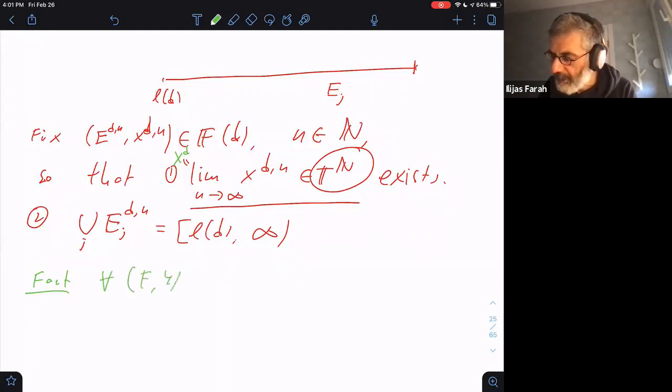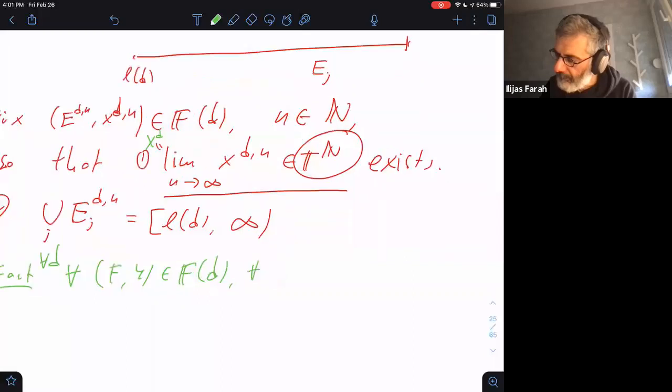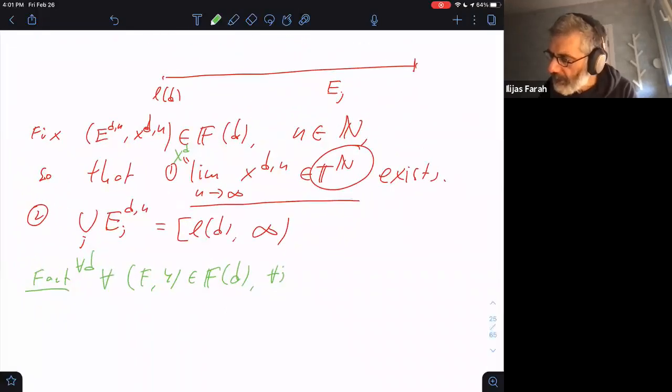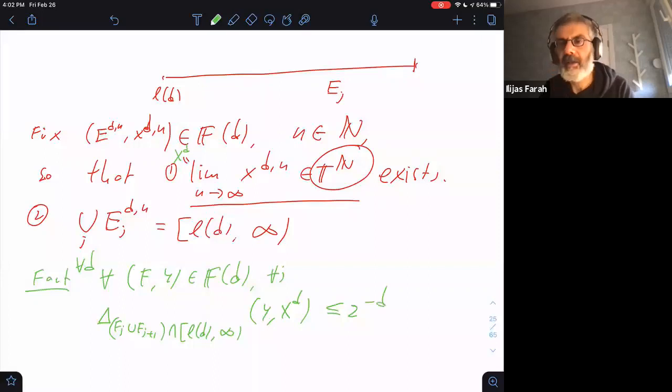For every D, and for every F_j in F_D, for every j, we have the following: delta of F_j union F_{j+1}, just in case, intersect with this L of D to infinity of Y, comma, what was the name, X^D, is less or equal than 2 to the minus D. Why is this so?